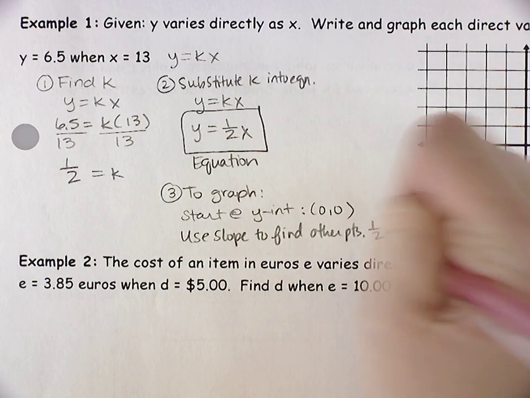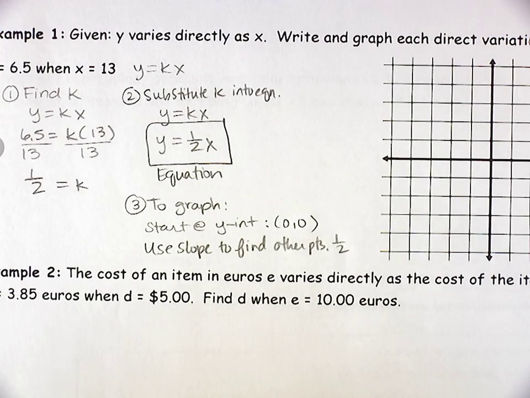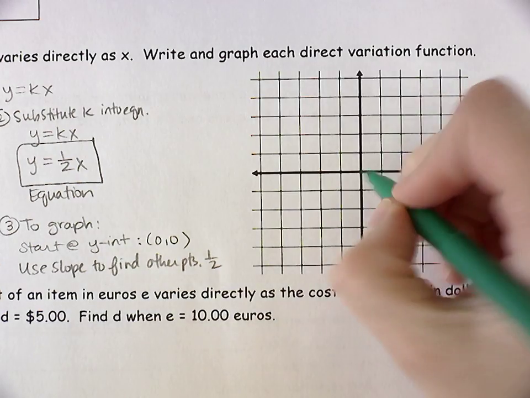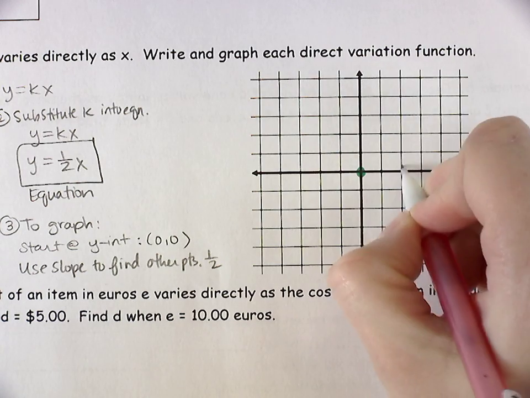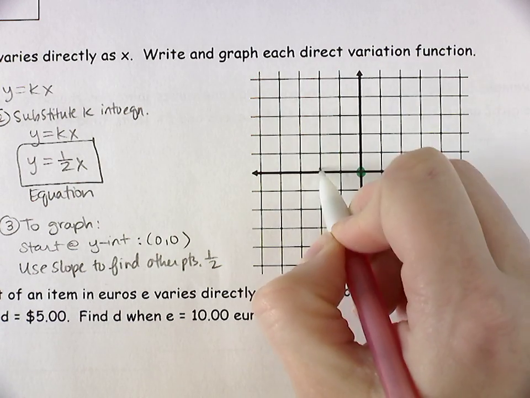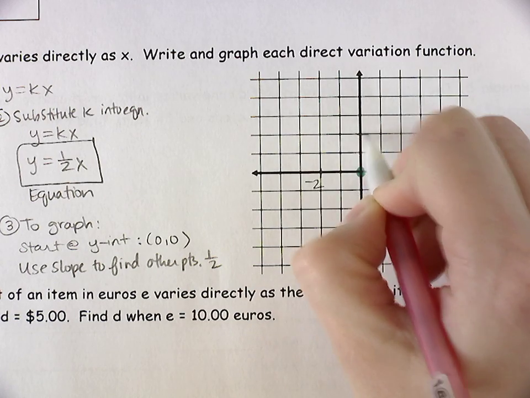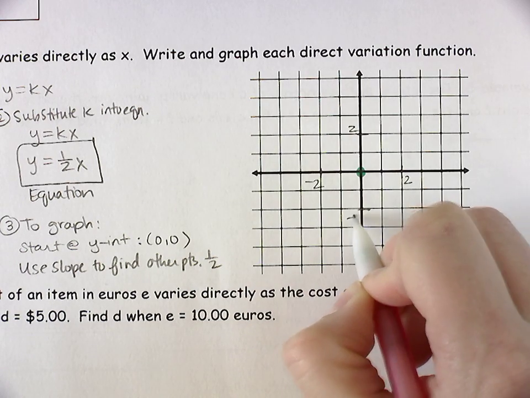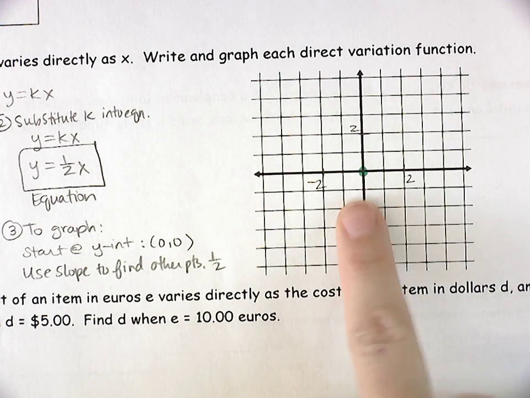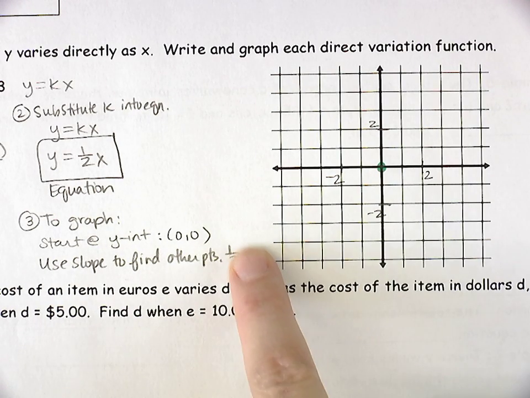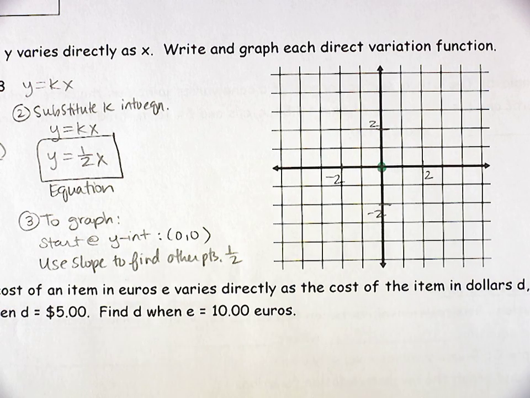So 1/2. So I'm going to start at 0, 0. And actually, I'll do this in a color so that you guys can see that a little better. And I'm just going to label, so that whoever is looking at my graph knows that I went by ones as my unit. And then it says to use my slope. So the slope is the rise over the run. Do you guys understand what that means? Okay, so I'm going to go up how many?